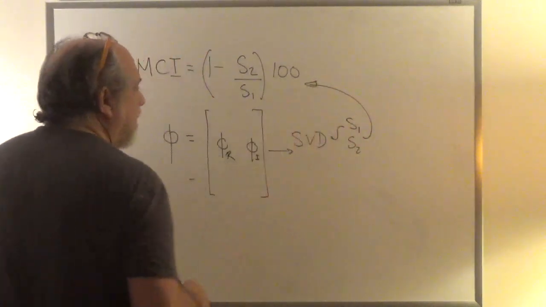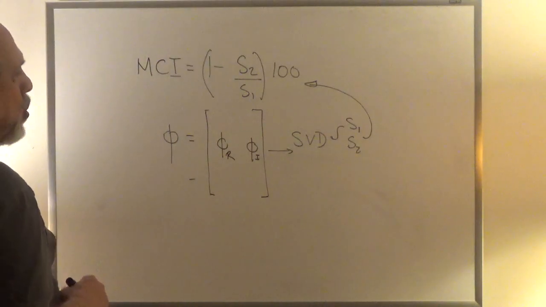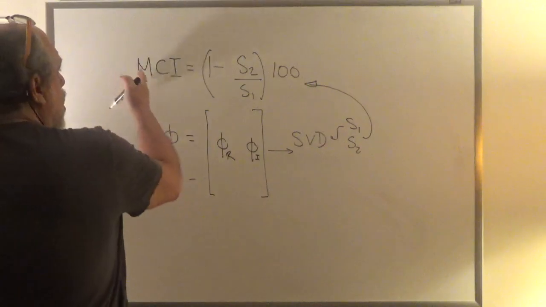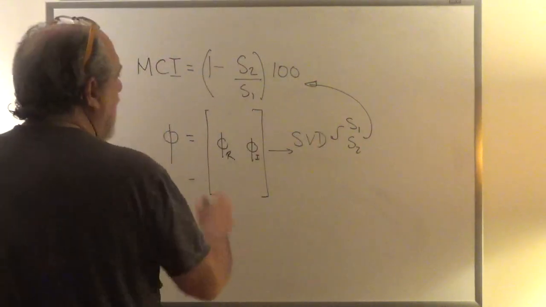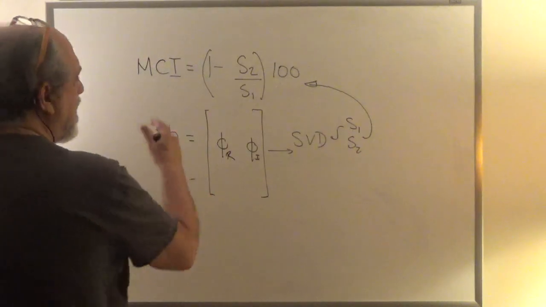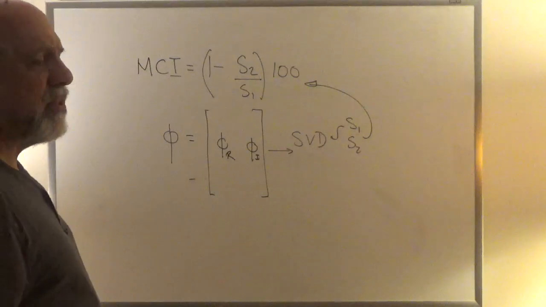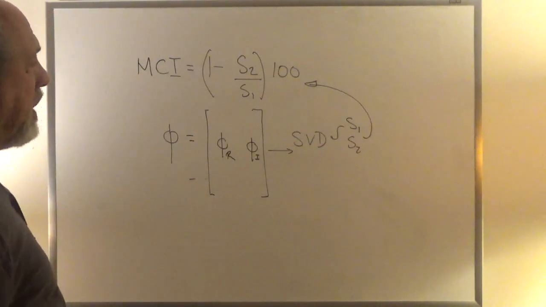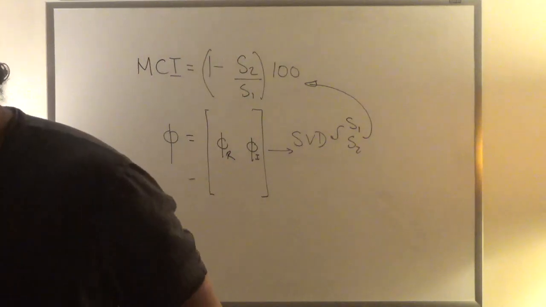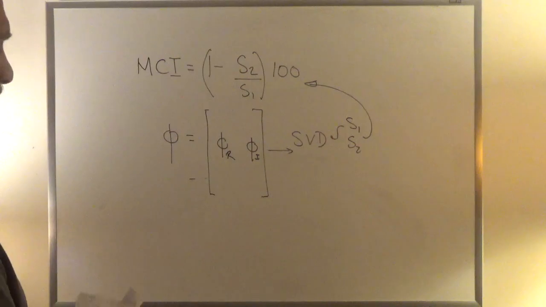If S2 is 0, that is the ideal case where the modal collinearity index is 100% and the mode is perfectly real. If the modal collinearity gets smaller than about 85% or something like that, we tend to believe that mode is probably computational, not part of the physical system.